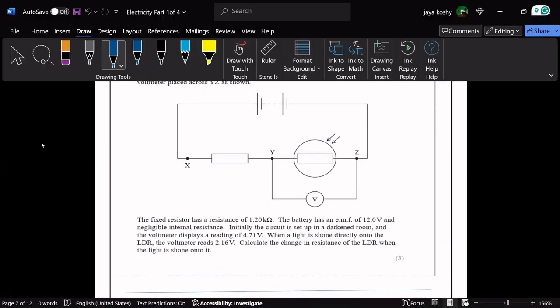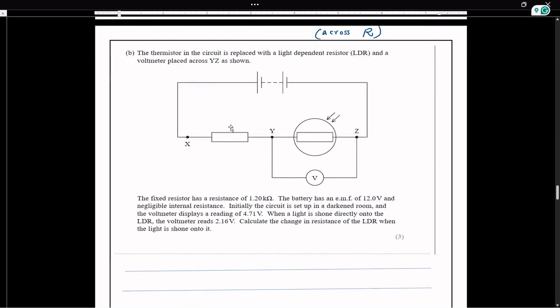Now the next part is, calculate the change in resistance of the LDR when the light is shone on it. There again an LDR is used here, not a thermistor. The fixed resistance has a value of 1.2 kilo ohms.